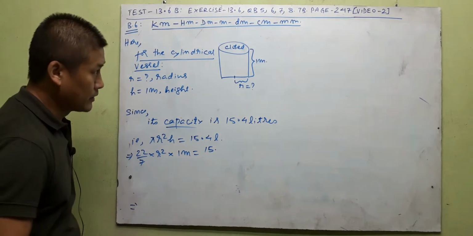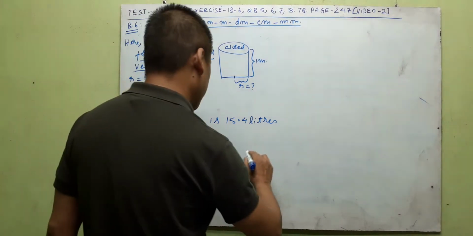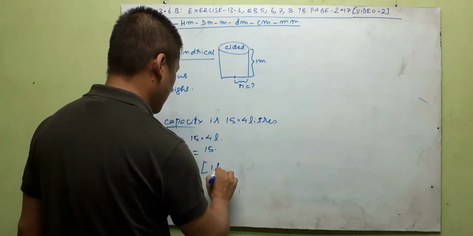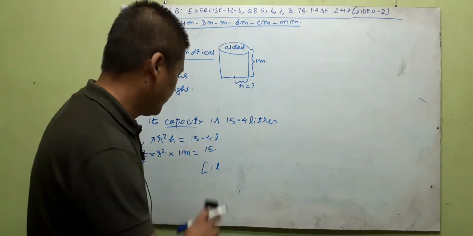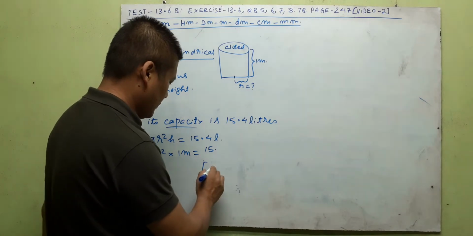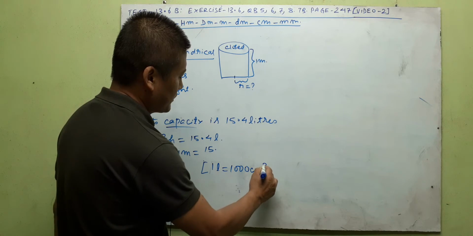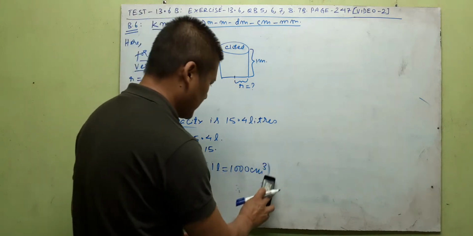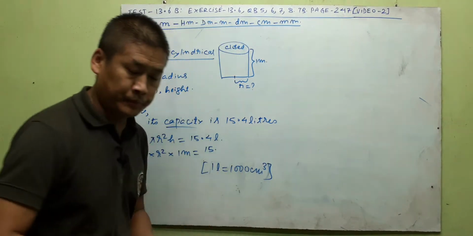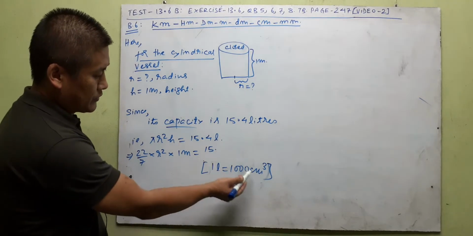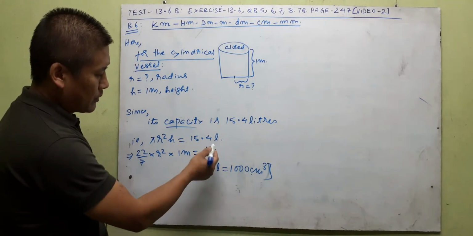15.4 liter means we know one conversion factor here: 1 liter is equal to 1000 centimeter cube. We have been using this one several times by now, 2-3 times I think at least. So we're going to use this now. We want to convert liter to centimeter cube, which is bigger to smaller.